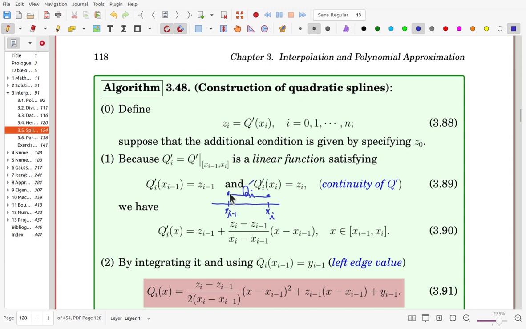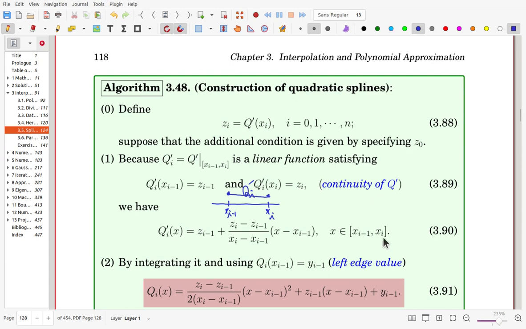Okay, so for that one, we can construct the equation of the line. At the left edge point, the value is ci minus 1, and that must be the slope. So this one is the point-slope equation representing qi prime, the line segment over the ith subinterval.